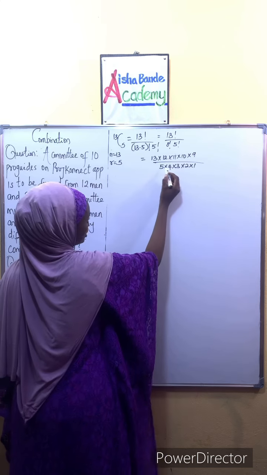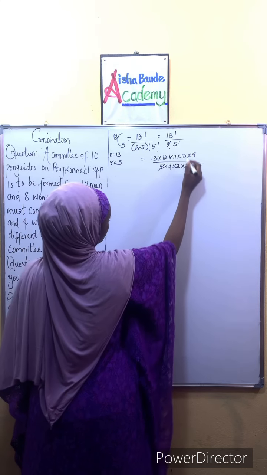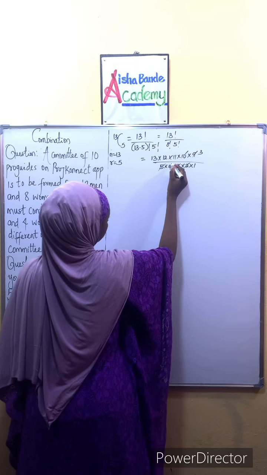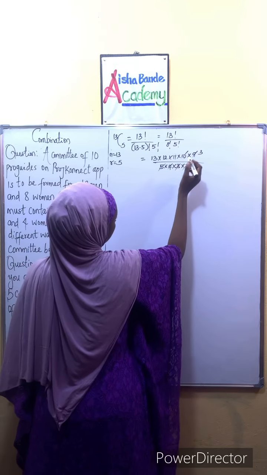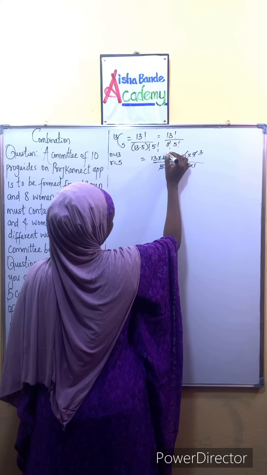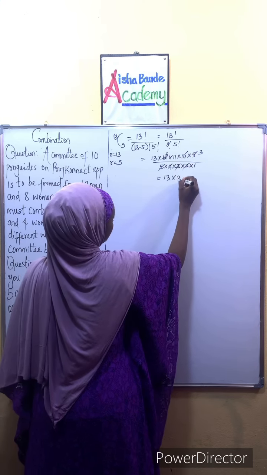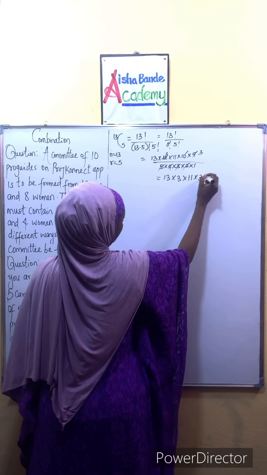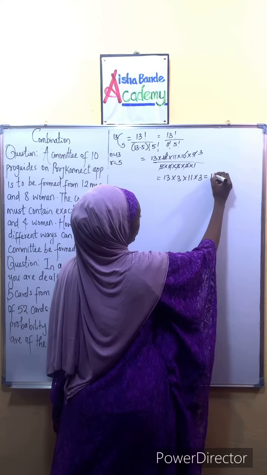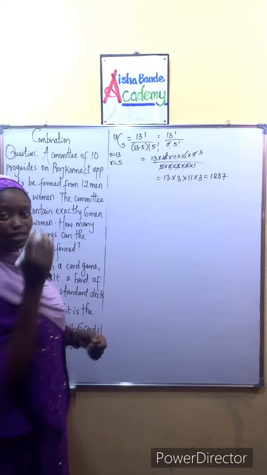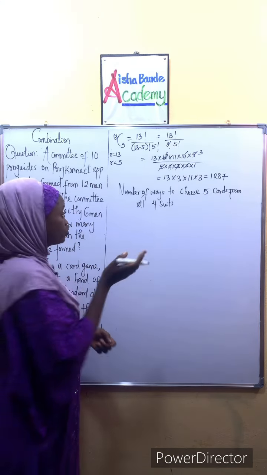So let's simplify this. 5 and 2 cancels out this 10. 3 here, we have 3 here. And this 4 cancels out 12 here. So we have 3. So we are left with 13 times 3 times 11 times 3, and this gives us a value of 1287.